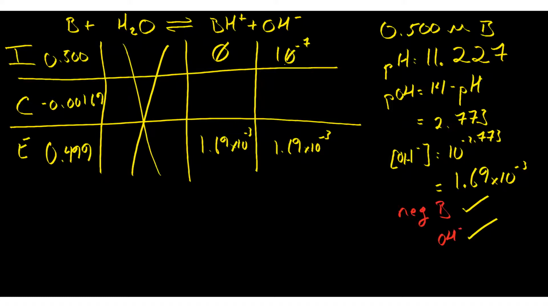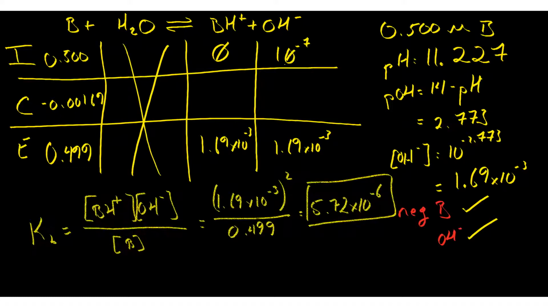So 0.499 for the equilibrium concentration of B, and 1.69 times 10 to the negative third for our equilibrium concentrations of BH+ and OH-. When we plug those into our equilibrium expression, we get Kb equals [BH+][OH-] over [B], which is 1.69 times 10 to the negative third squared divided by 0.499, or 5.72 times 10 to the negative sixth.